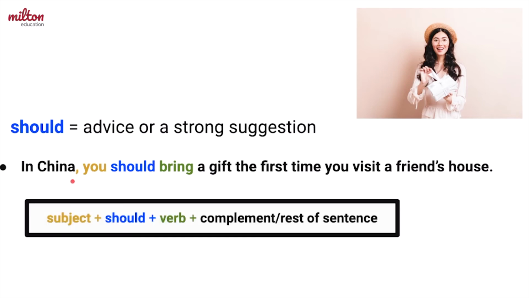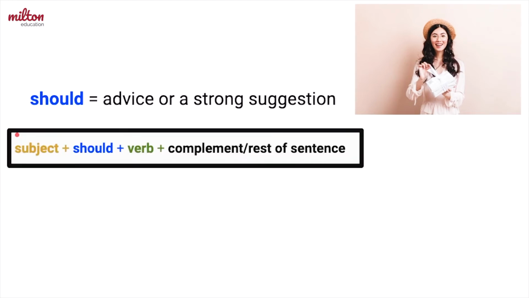Like I said before, the forms of sentences with modal verbs are all pretty similar. We have the subject, then the modal verb should, then the main verb, and finally the complement or rest of the sentence. Oh yeah, and don't forget what I told you before.